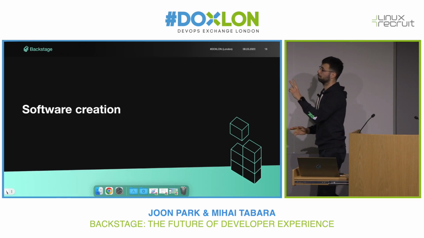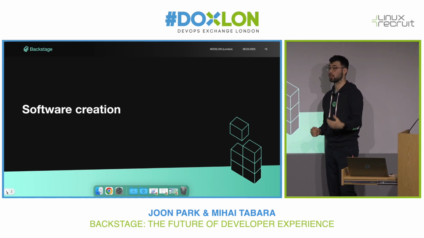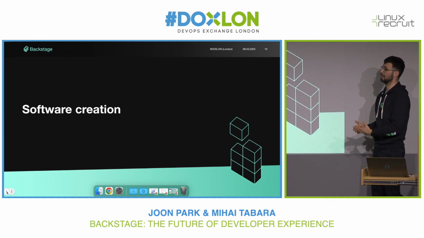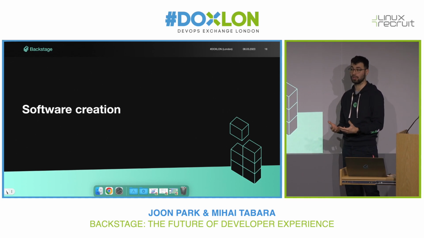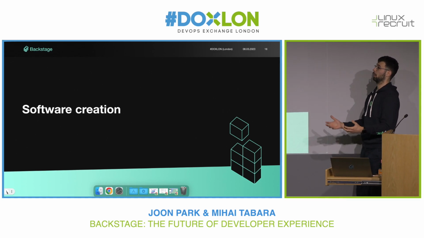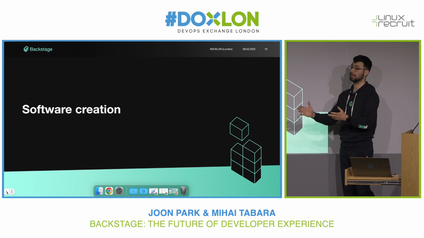Number two. Joon mentioned earlier that fragmentation is one thing that is slowing developers down. Well, over time at Spotify, we noticed that another thing that is slowing down developers is the actual process of software creation. That is because, for example, I'm a developer and I want to implement a new playlist management system. I need to implement a new backend.